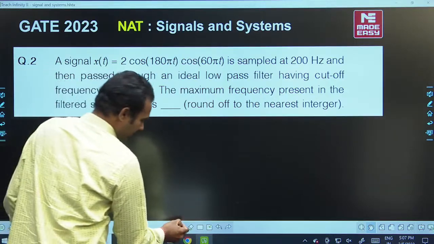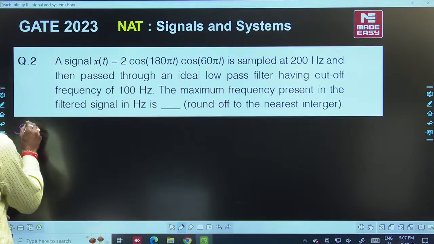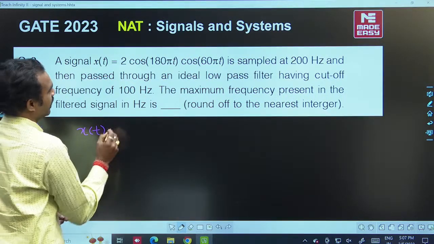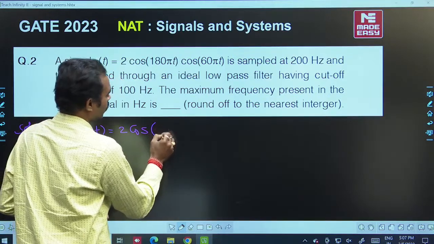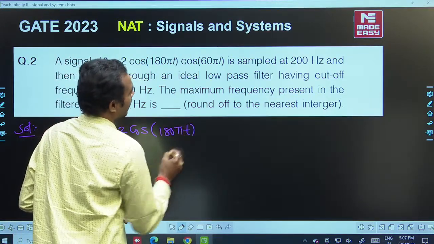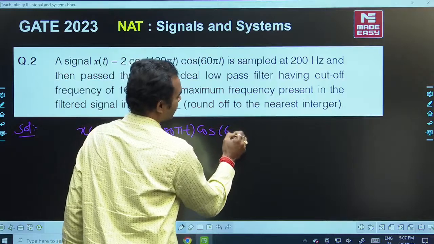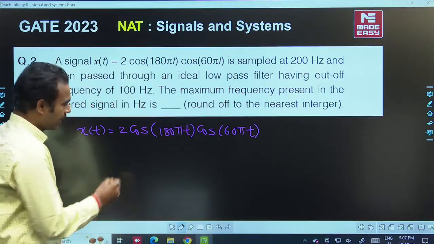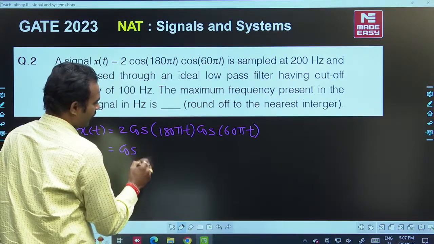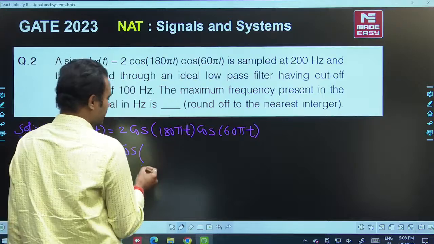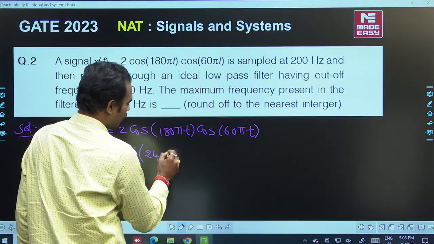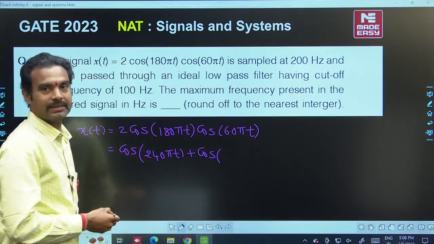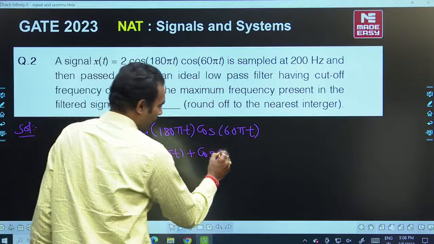So if you see here, solution for this question, so given x of t, if you see the given x of t is equal to 2 cos of 180 pi into t into cos of 60 pi into t is given. So it looks like 2 cos A cos B, then we can write cos of A plus B. So cos of A plus B means 180 pi into t plus 60 pi into t, that become as 240 pi into t, plus cos of A minus B, 180 minus 60, that become 120 pi into t.